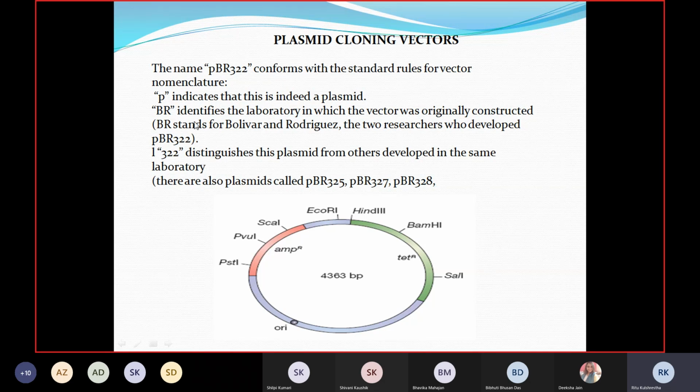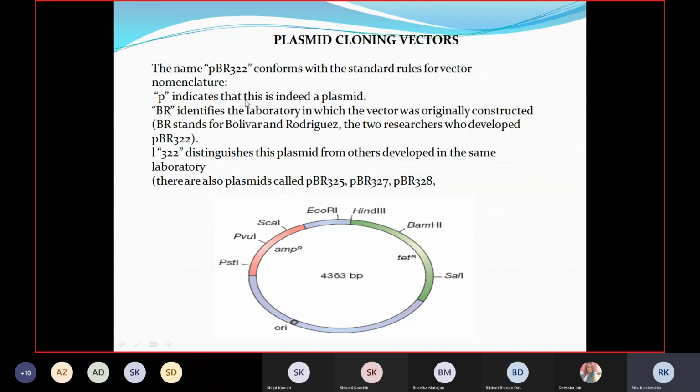For example, in pBR, BR stands for Bolivar and Rodriguez, the two researchers who developed this. And when I tell you about the pUC vector, again p is small and UC is capital, and UC stands for University of California, the place where that vector was developed. So this is how the naming is done.